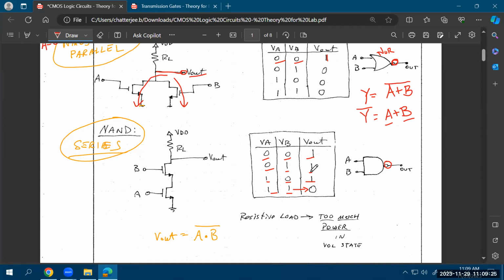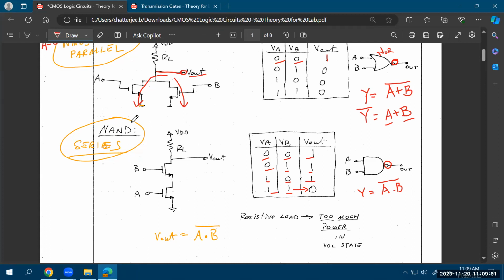Now, from the truth table of the NAND gate, you know that when both of the inputs are 1, your output is 0. So the definition of a NAND gate is Y equal to (A and B) whole bar. So you take the AND of A and B, and then take an invert of that, that becomes a NAND gate, right?